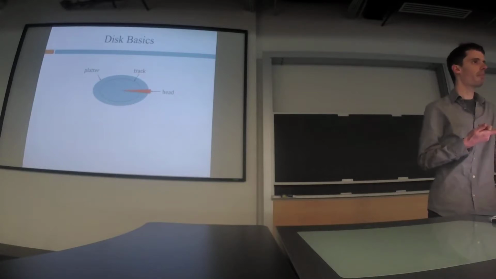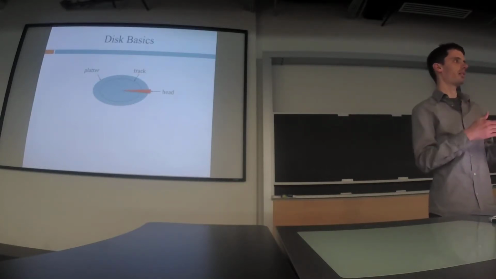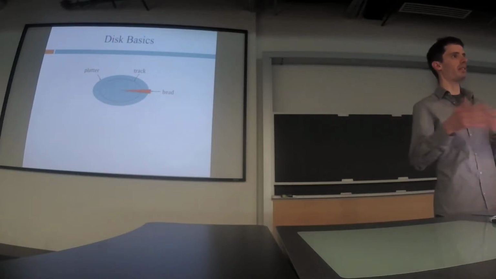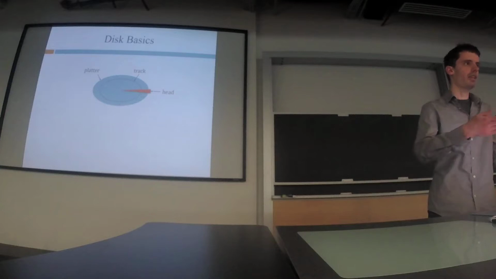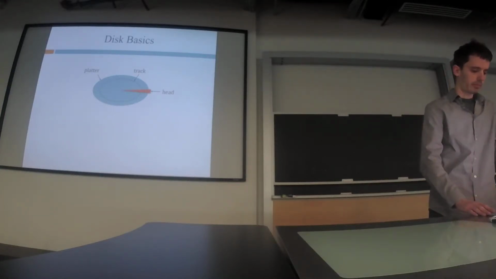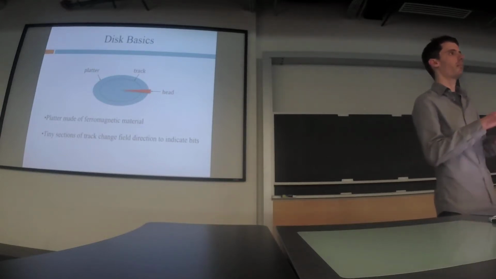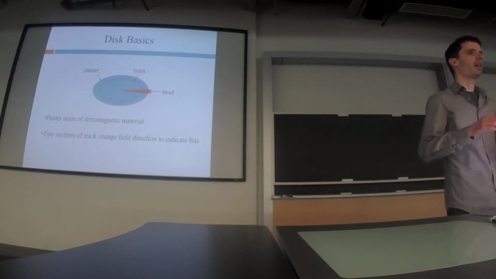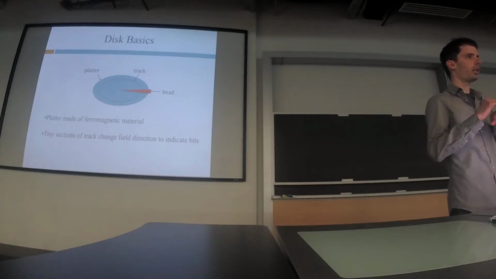You have the platter. The platter contains many tracks. This name comes from records. There are tracks in a record. And then you have the head, which is actually going to read the data. But instead of conveying information by bumping a needle up and down, the head is not actually touching the disk. It's just very close to it.